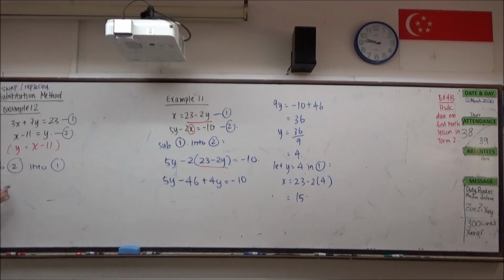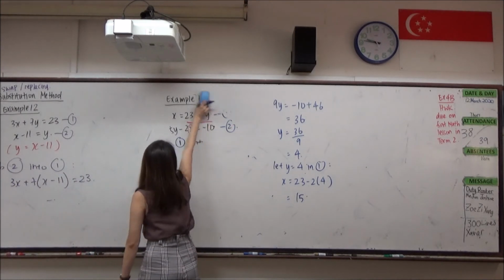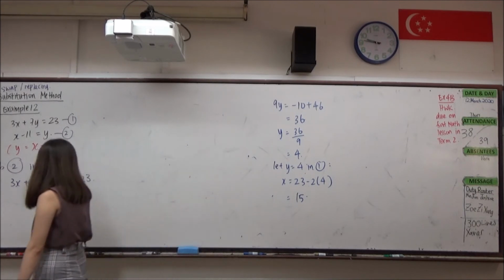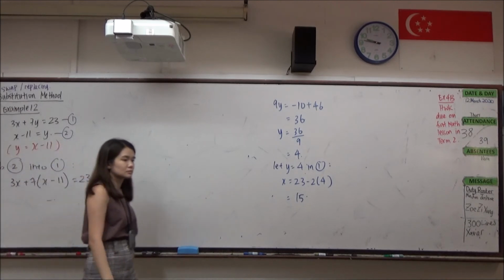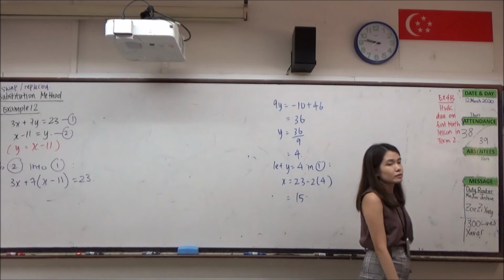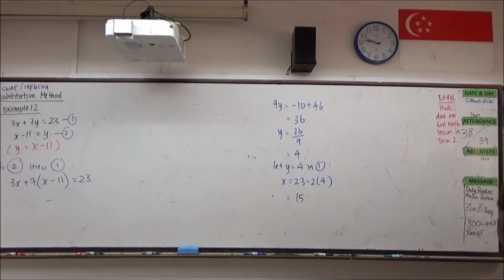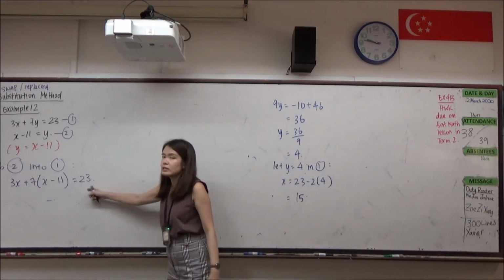Okay, and then we will get 3x plus 7 bracket x minus 11 equals 23. What does that open up to, Yana? Expand this one, what do you get?